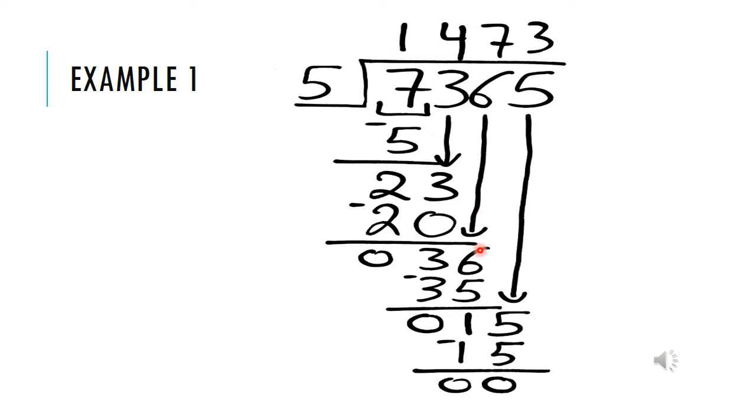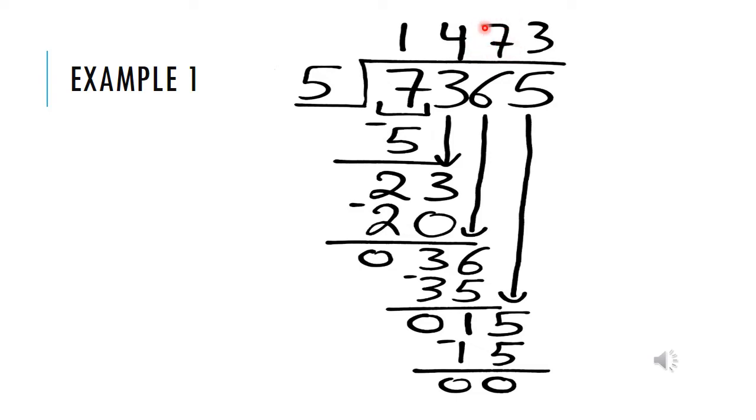Now I have 36. Since I brought down a digit from the dividend, I should repeat all the steps in the long division. I should ask myself, how many 5s do I need to get 36 or almost 36? 5 times 7 is 35, 5 times 8 is 40. 40 is greater than 36, and I should always choose the nearest number to 36.